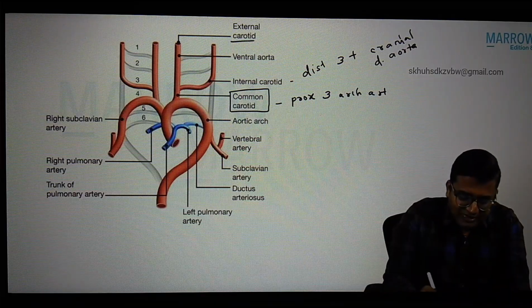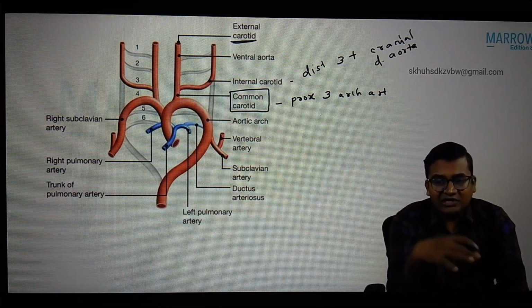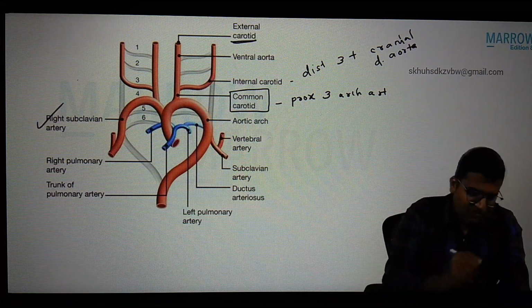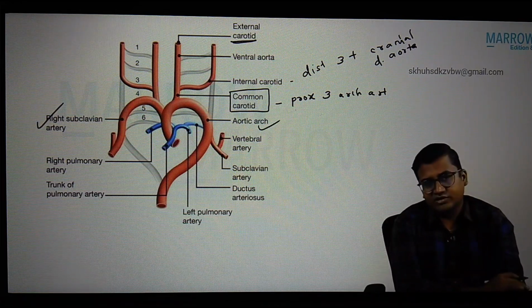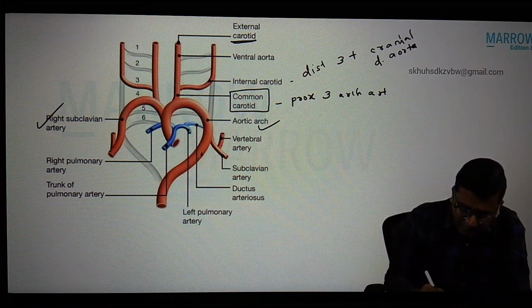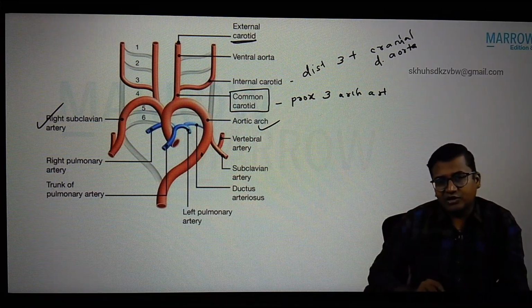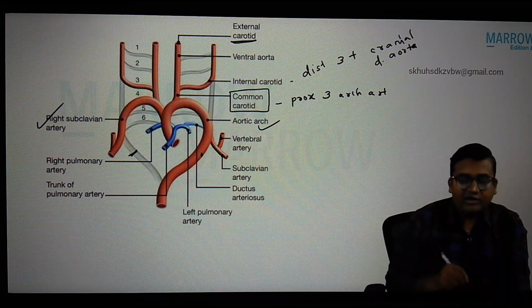Now the external carotid artery is coming from the carotid bud. We know that. The right fourth arch artery forms the right subclavian. The left fourth arch artery forms the arch of the aorta. Now the left dorsal aorta caudal part will persist and help in the formation of the arch of the aorta, whereas the right dorsal aorta caudal part will disappear.